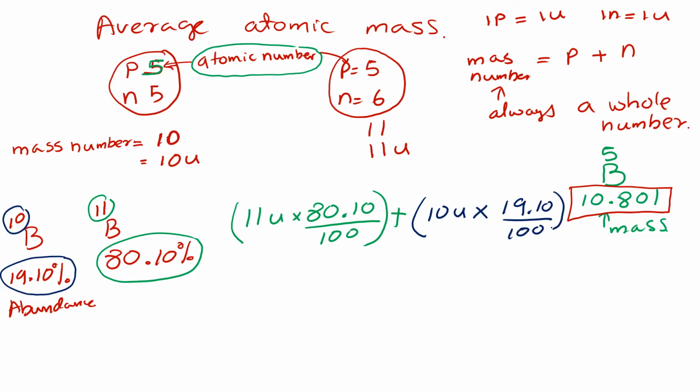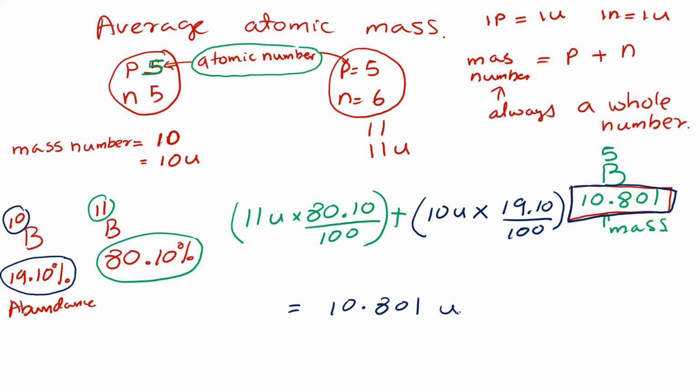If you do this math, you end up with the number you see in the periodic table, 10.801. If you want, you can use U. If you want, you can use grams.